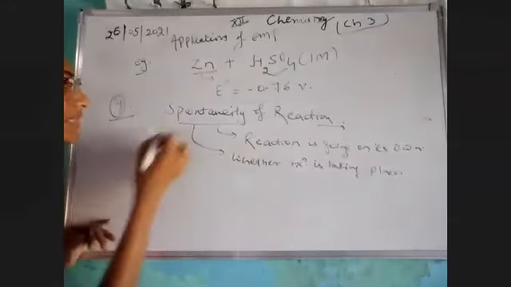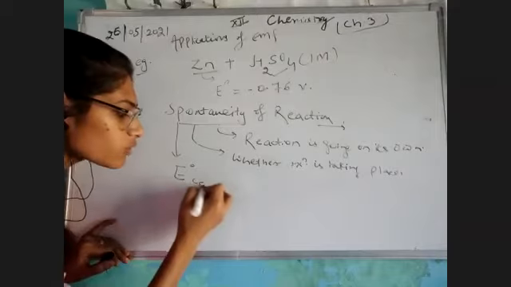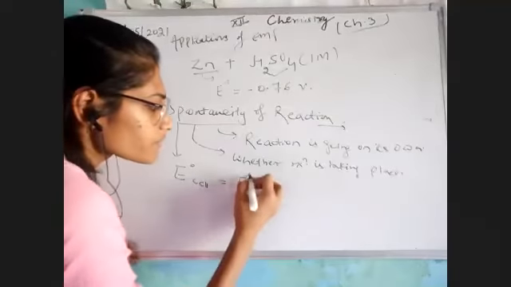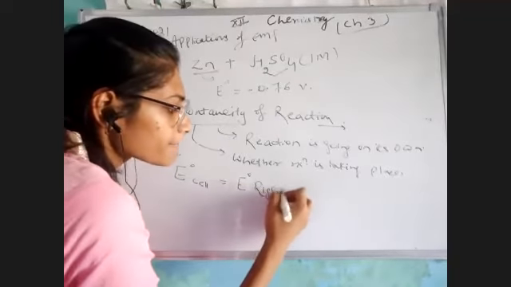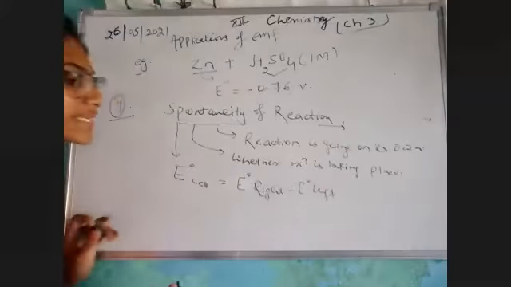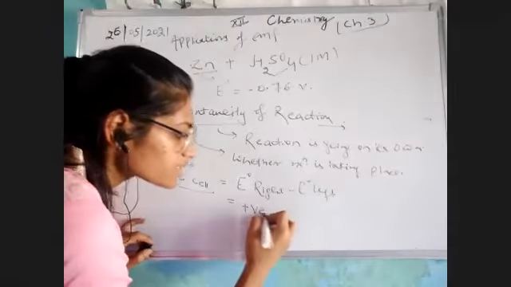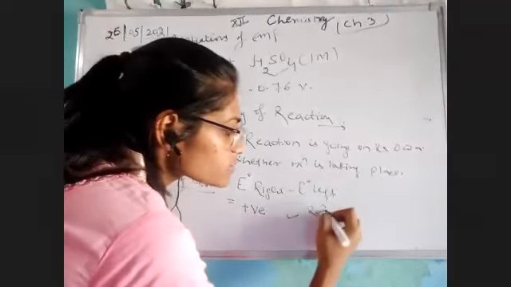So the simple answer is we calculate our total EMF, that is E naught cell, which equals E naught right minus E naught left, or E naught reduction minus E naught oxidation. If the E naught cell value comes out positive, then the reaction is spontaneous.